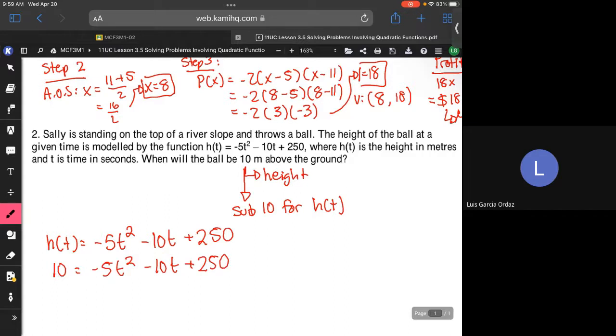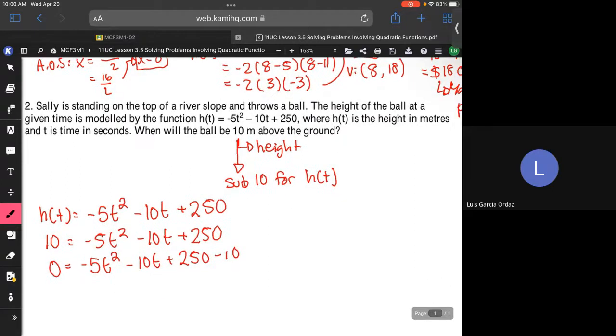So now what am I going to do with that 10? We're going to move it to the other side. So I get 0 on the left side is equal to negative 5t squared minus 10t plus 250 minus 10. And that just becomes negative 5t squared minus 10t plus 240.